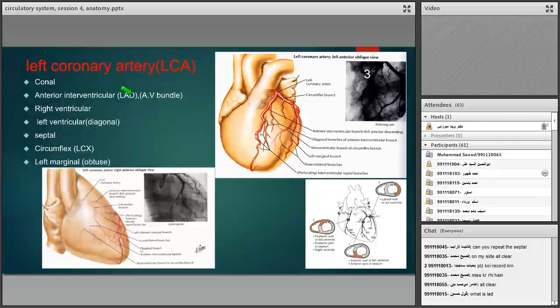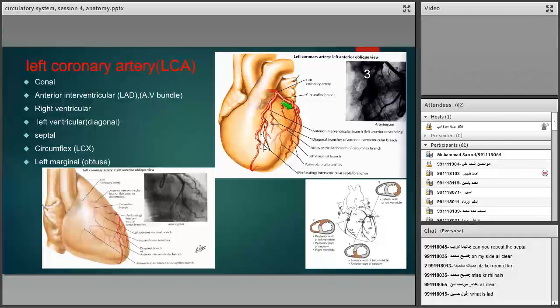Look at here. It has some branches to the left auricle, to the left atrium, and the left ventricle. One of the biggest branches of the circumflex artery is the left marginal branch.